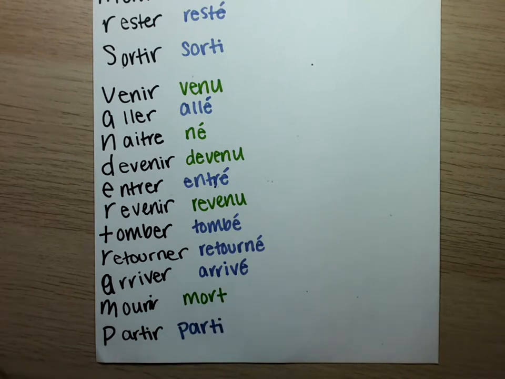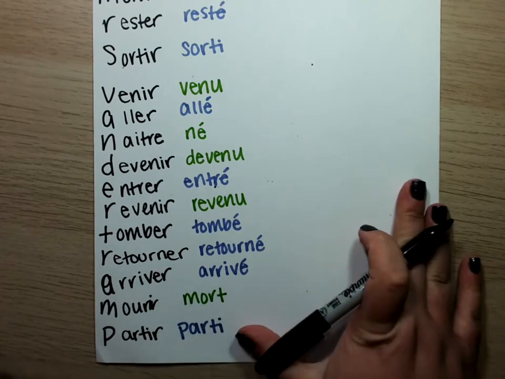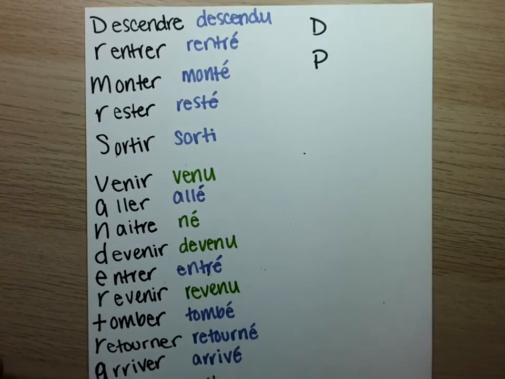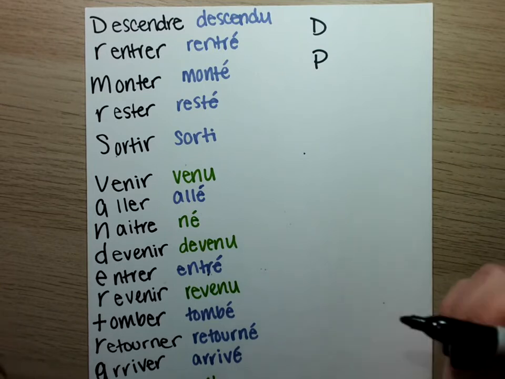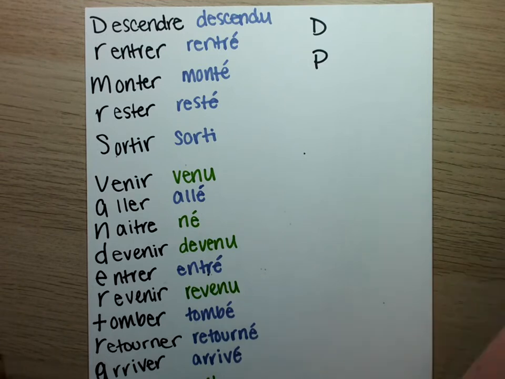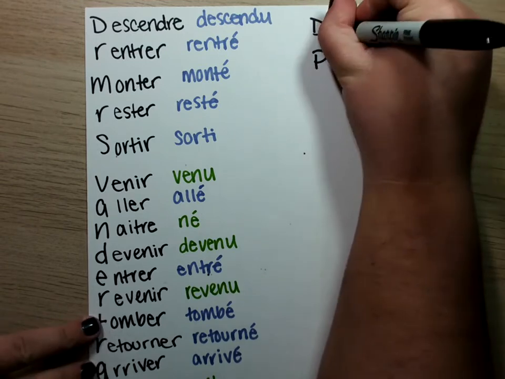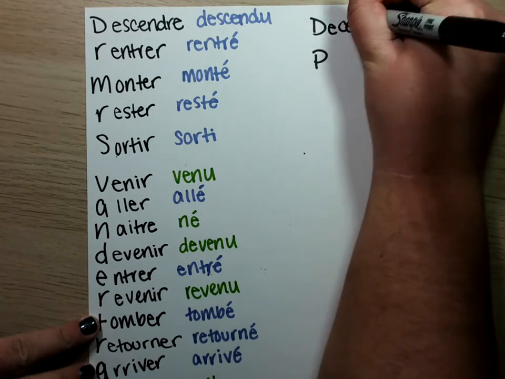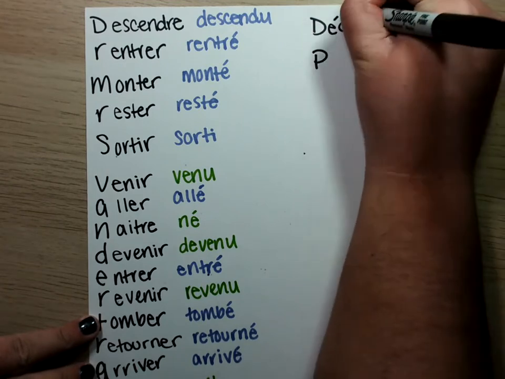All right, 2 more verbs. We can do it. Now, most teachers, when they teach you this, don't teach you about the verb décéder, because you already are learning the verb mourir, the verb to die. So décéder is actually the verb to be deceased.